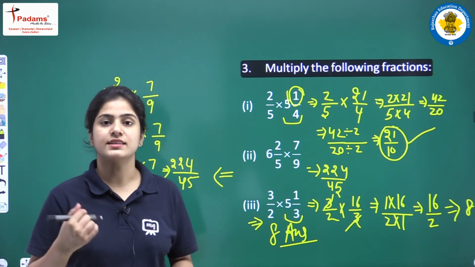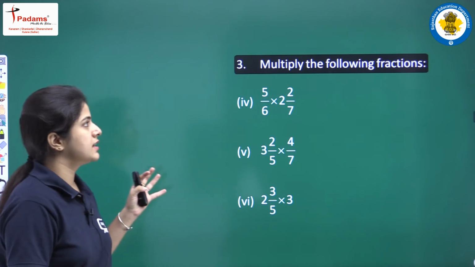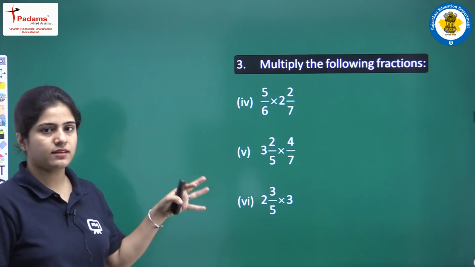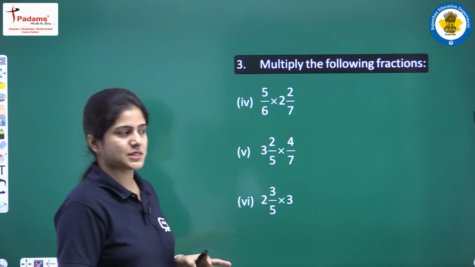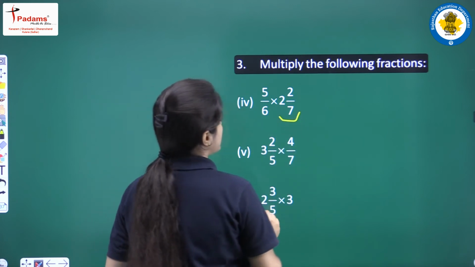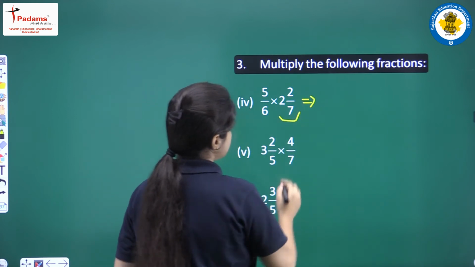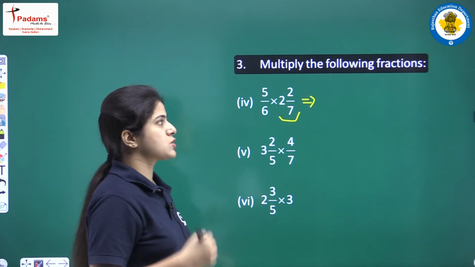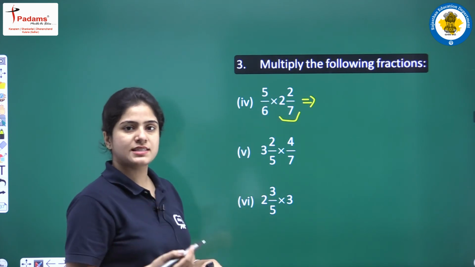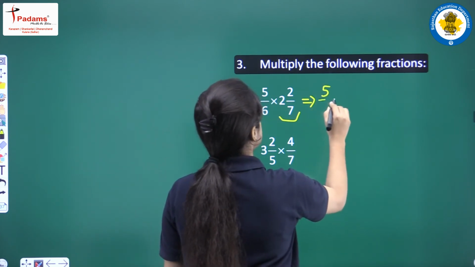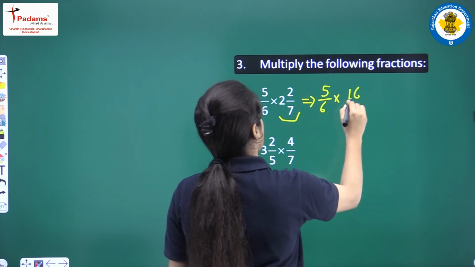Now we will discuss the next question, that is multiply the following fractions. The same question, different parts. Change it into the improper fraction. 2 into 7 is equal to 14, 14 plus 2 is equal to 16. So 5 upon 6 into 16 upon 7.